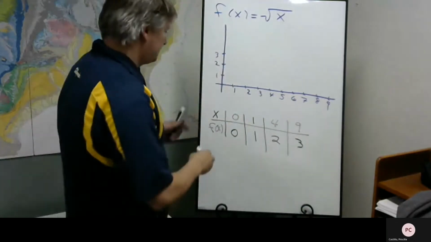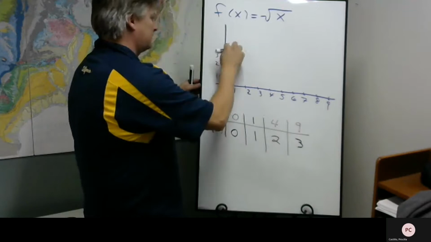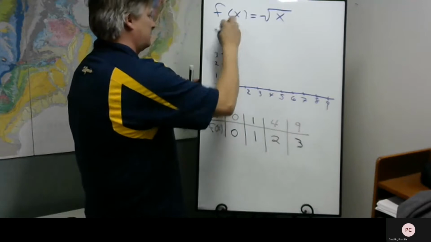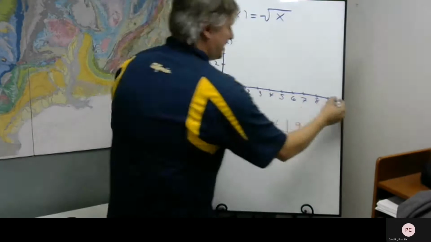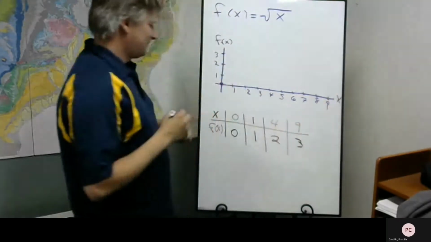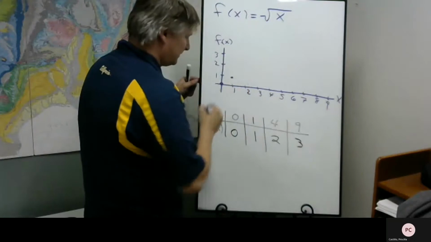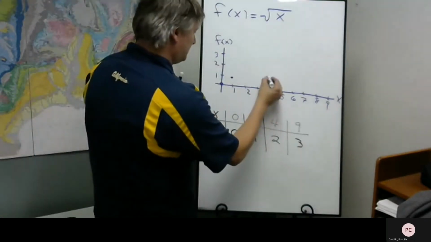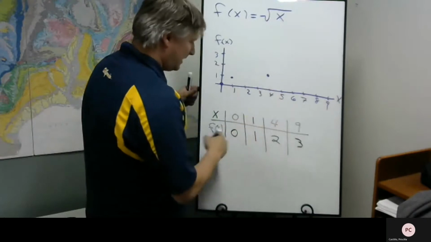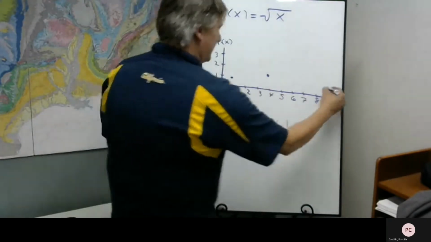So if we graph these, we have 0, 0 on this f of x. This is our x. Then 1 and 1. All right. 4 and 2. So here's 4. We'll go up 2. And then 9 for x and 3 for f of x.